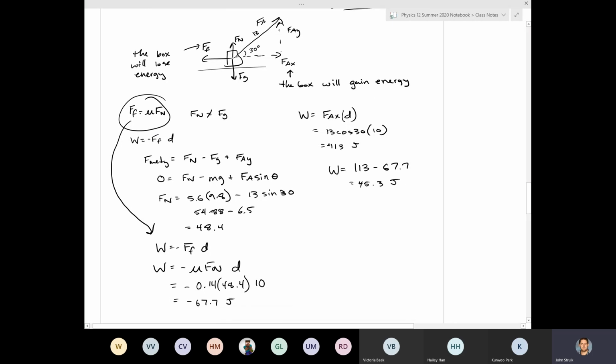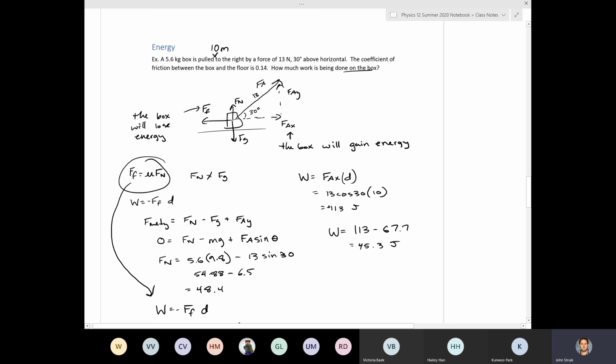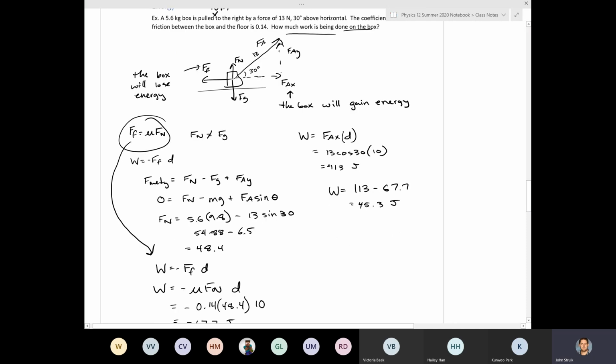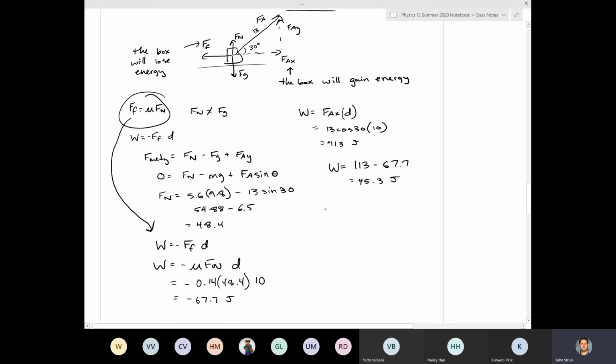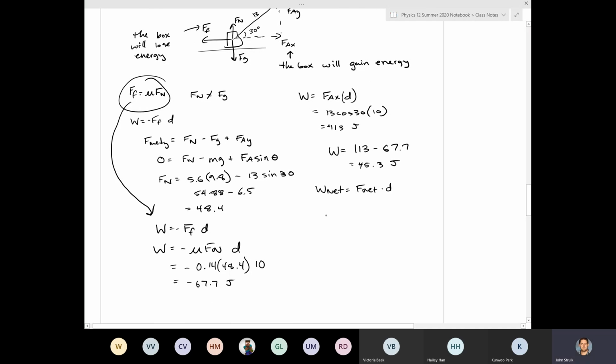Now, because it's asking for how much work is done on the box, that's the net work being done on the box. The overall work is the net work. So we could have done it this way: W net equals F net times D. And then the F net would be FAX minus FF.